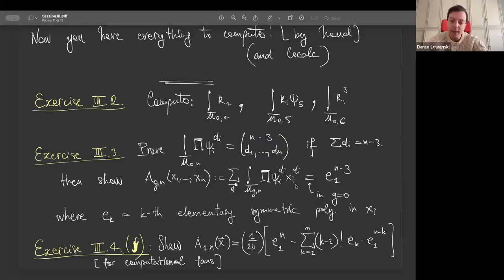I want to indicate this sum of the xi's with e1, meaning the first elementary symmetric polynomial in the xi's.